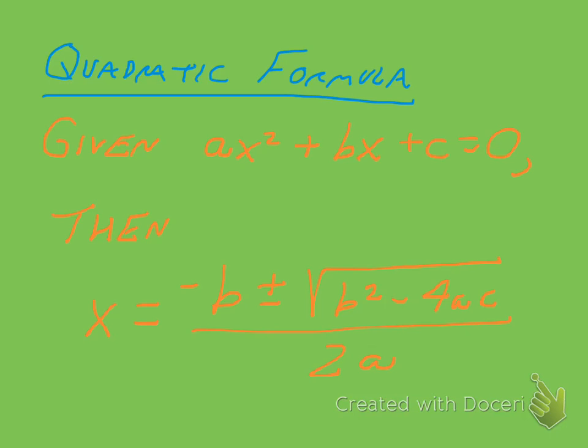I'll say it again. X equals negative b plus or minus the square root of b squared minus 4ac all over 2a. Now, a, b, and c are the numbers in front of x squared, x, and the constant itself.